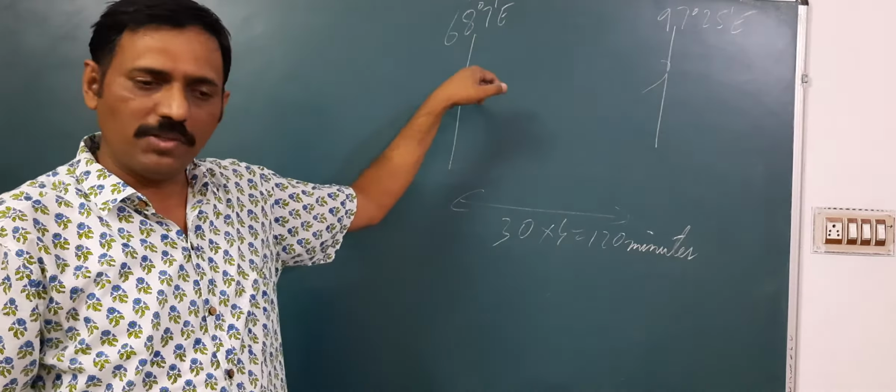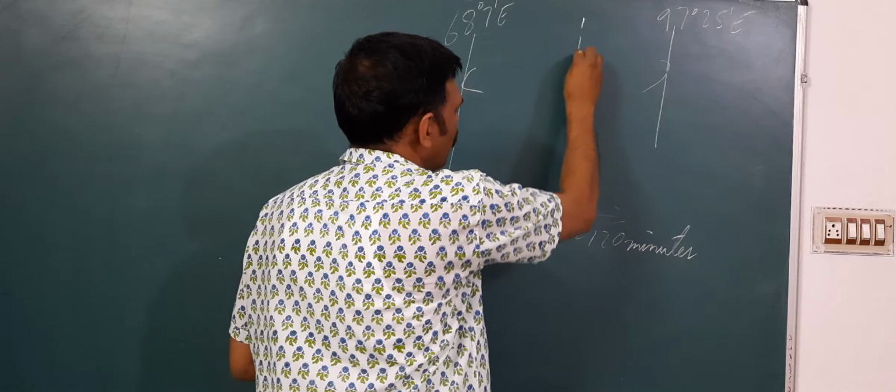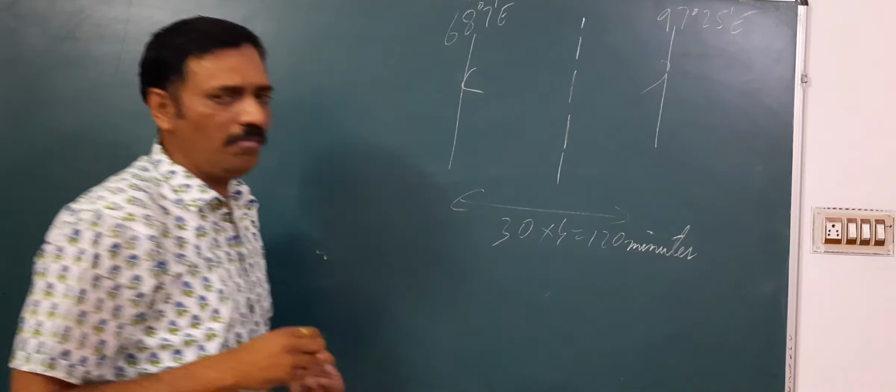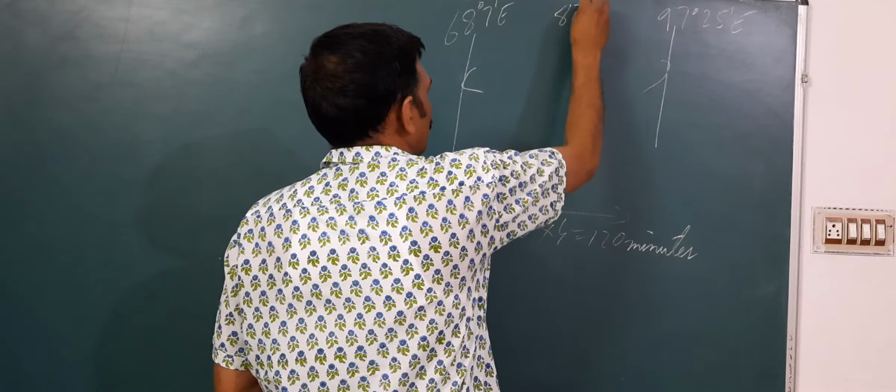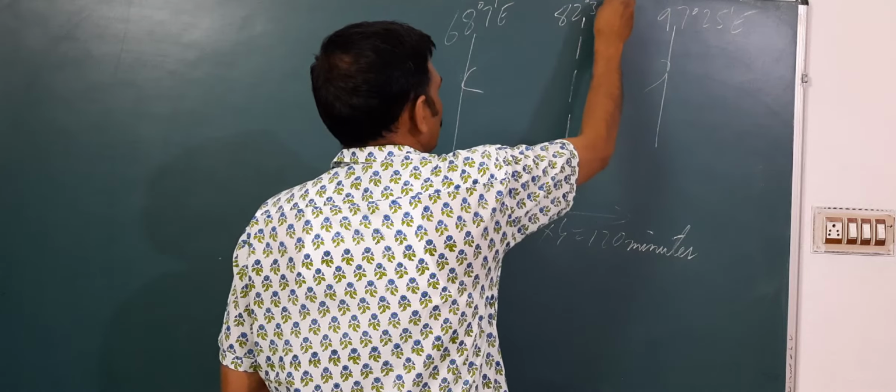But if we calculate time in this way, every place will have a different time and there will be a lot of confusion. So we adopted a standard meridian, the line which passes near the center of the country, that is 82 and a half, 82 degree 30 minute east.